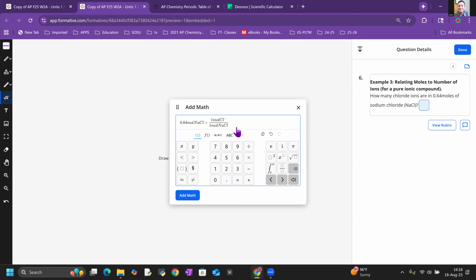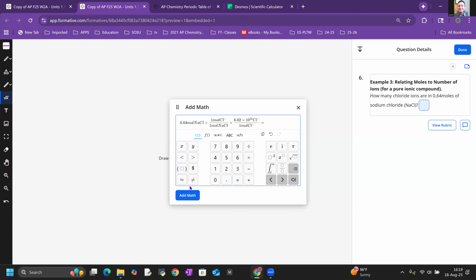You can put minus or 1 minus. And then we can say 1 mole of chloride ions is equal to Avogadro's number of chloride ions, 6.02 times 10 to the 23rd. I could write ions, but because I am showing that charge on there, we recognize that it is an ion.